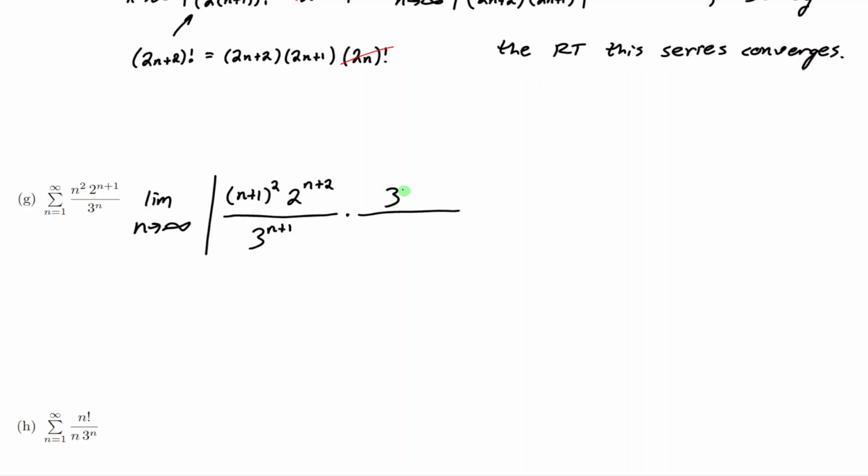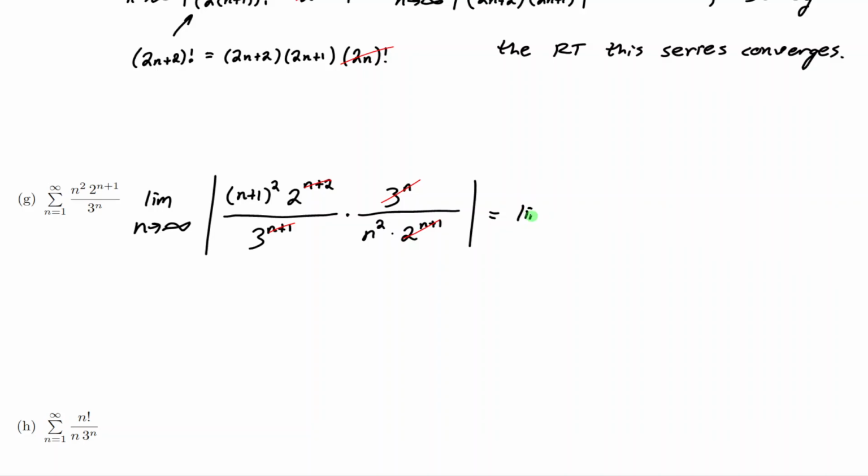Multiply that by the reciprocal, 3 to the n over n squared times 2 to the n plus 1. And then we can go through and do some cancellations. We're going to get those terms canceling out. We're left with a 3 in the denominator. Cancel all of this 2 to the n plus 1 with most of these. We'll have a 2 in the numerator.